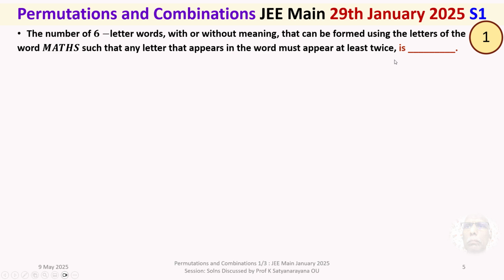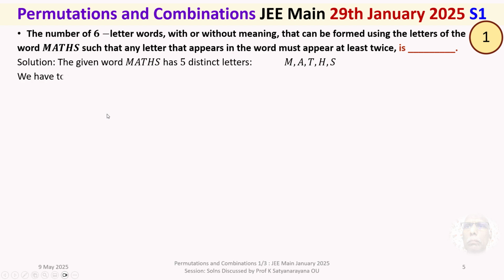Let's now discuss the solution of the problem in detail. We are given the word MATHS, and this word has 5 distinct letters. They are M, A, T, H, S. What is our task?